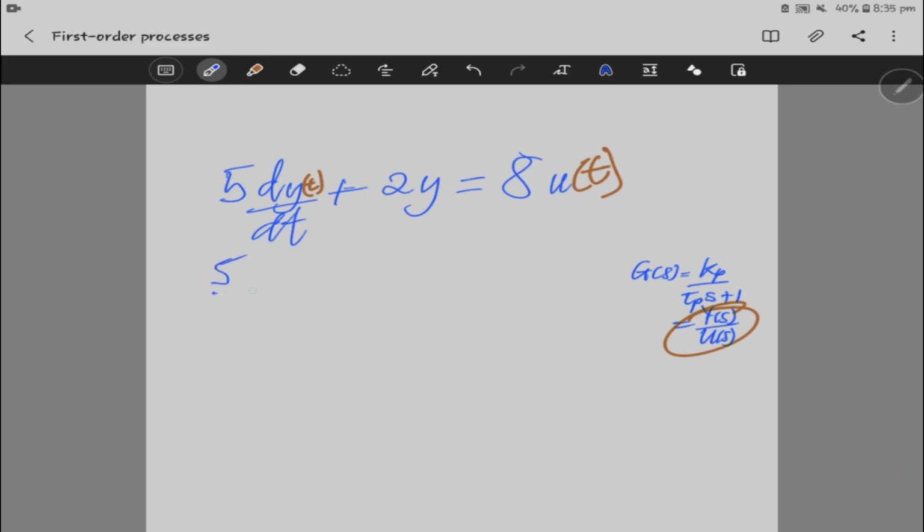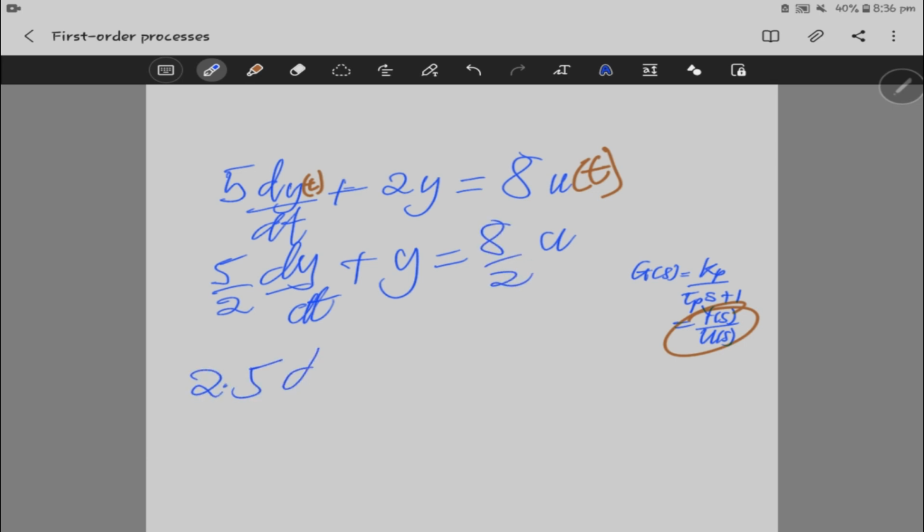So that'll be 5 on 2, and we have dy/dt plus y, equal to 8 on 2, and then u. 8 on 2 is 4, and 5 on 2 will be 2.5. So we have 2.5 dy/dt plus y equal to 4u.